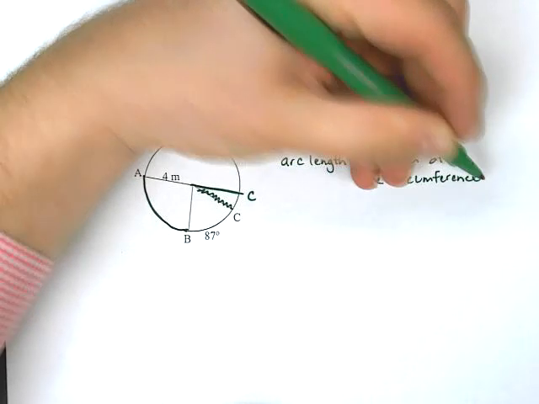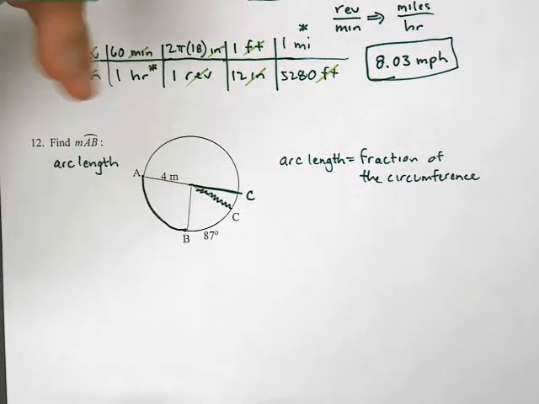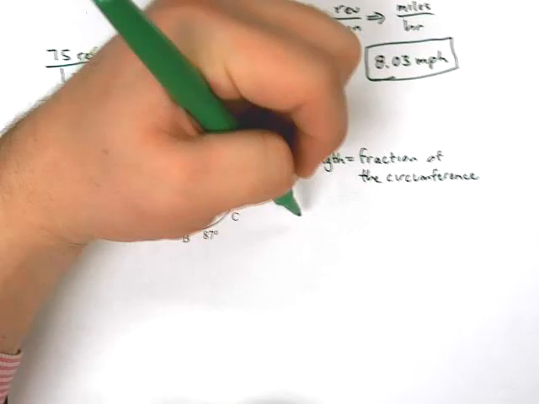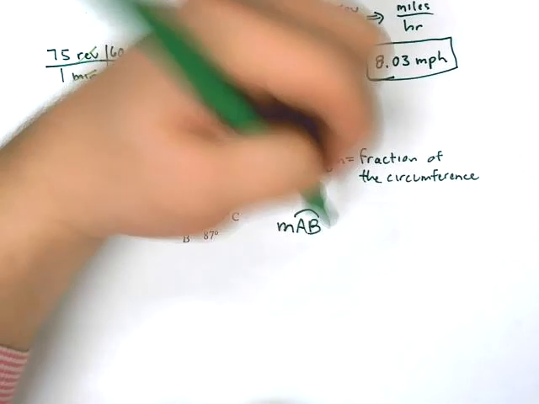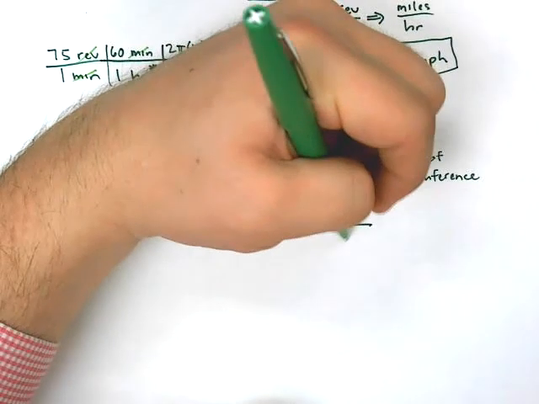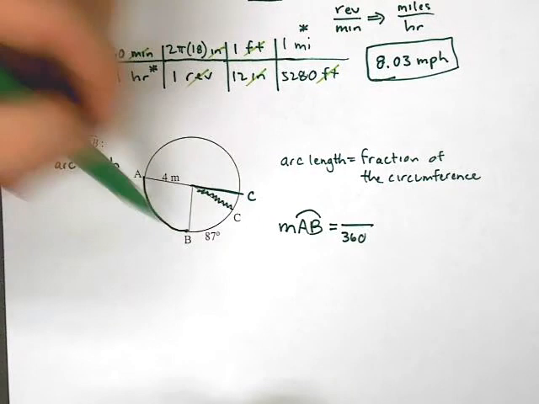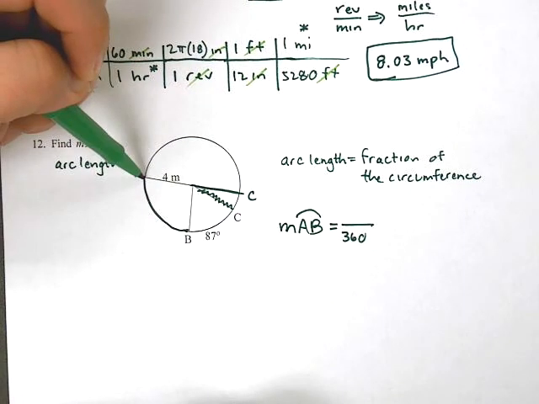So that means I need to find the angle over 360. I know that the full circle is 360 degrees, but I'm not going the full circle. I'm only going from A to B.